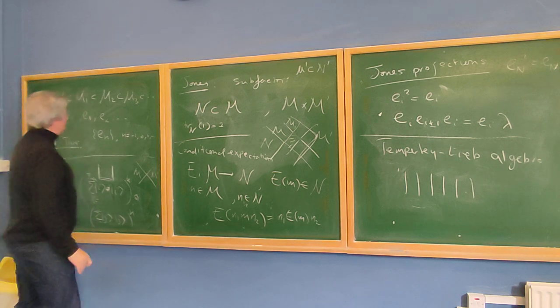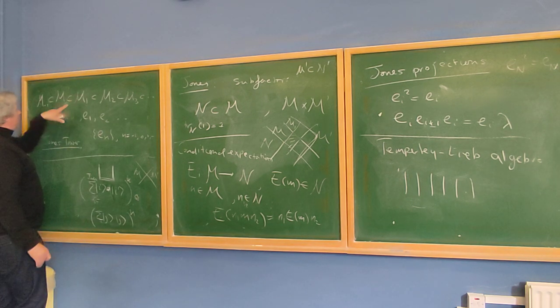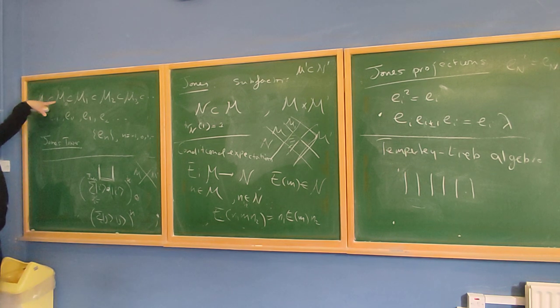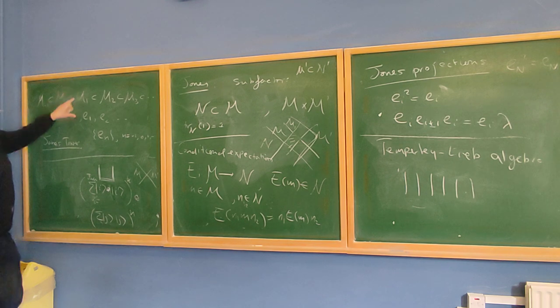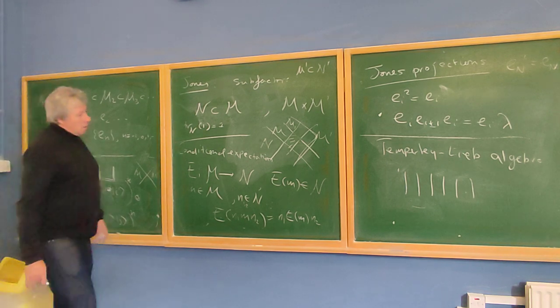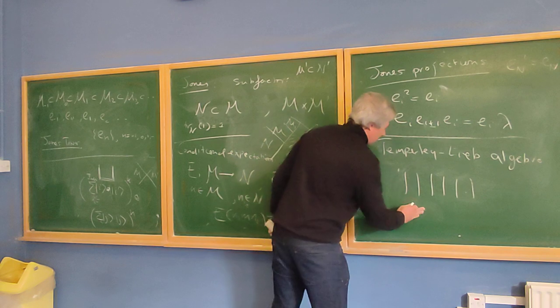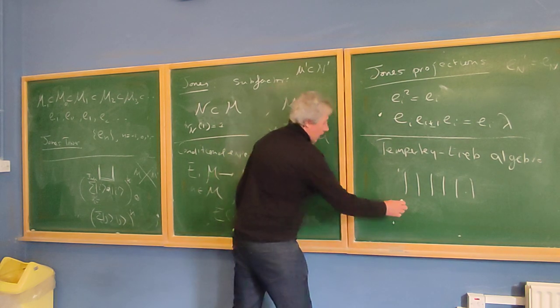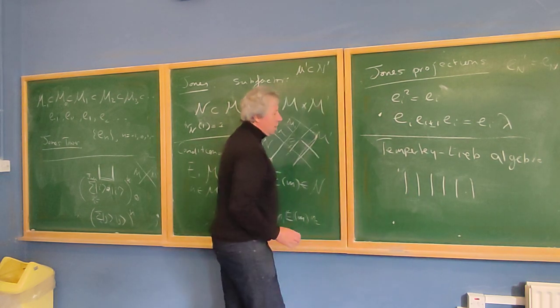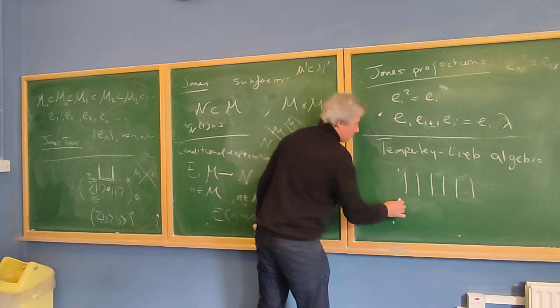I will draw an E0. I'm going to talk about the projector that identifies N0 in N1. N0 acts on these two, and N1 acts on these two.